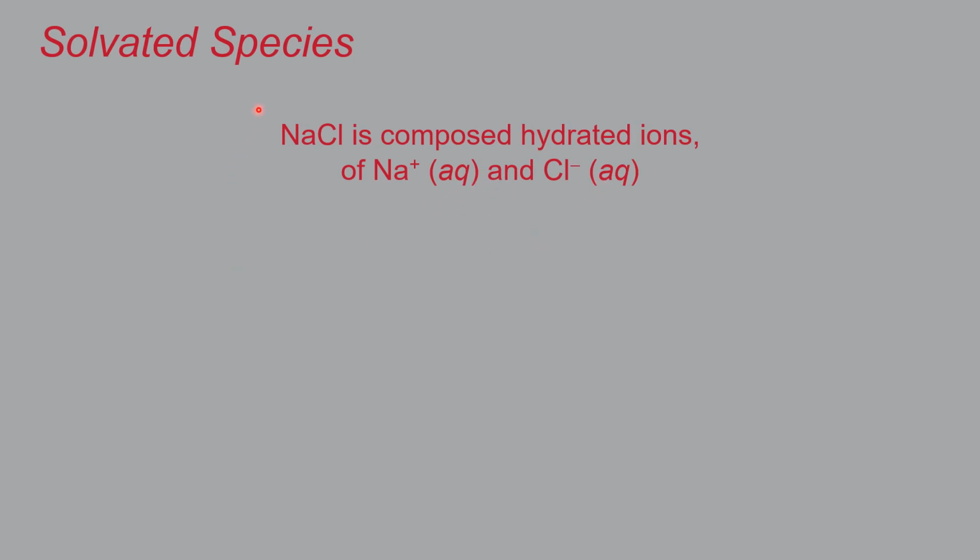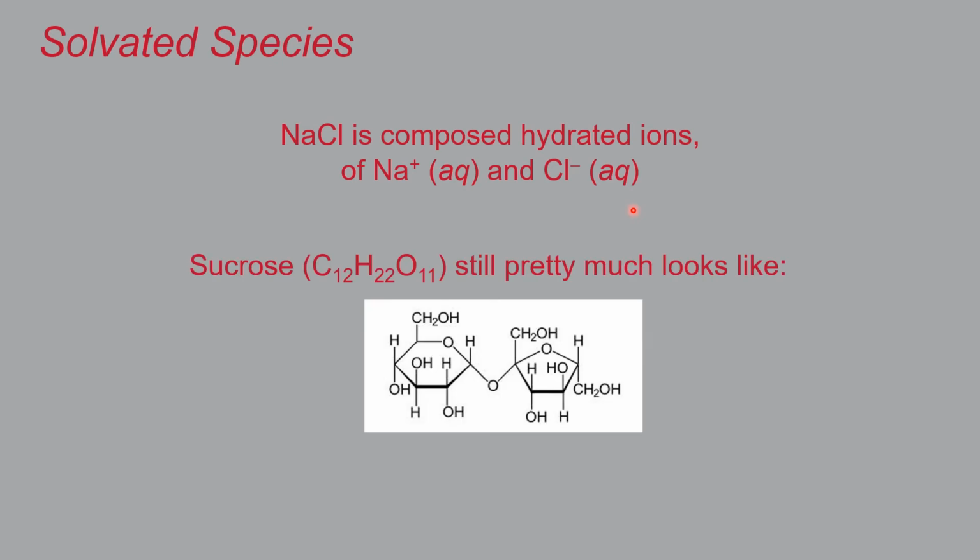So even though that solution might be labeled sodium chloride or NaCl, there actually aren't any intact NaCl units in there at all. They're all either sodium ions interacting with water or chloride ions interacting with water, and that's it. But in the sucrose solution, for example, the molecules look exactly like they did before. They weren't really affected by it. They have just been separated from their neighbors.